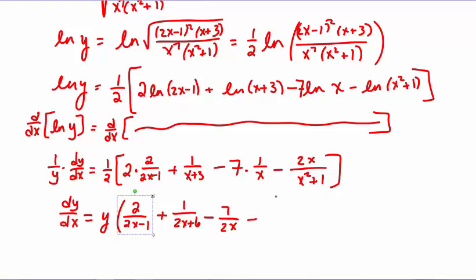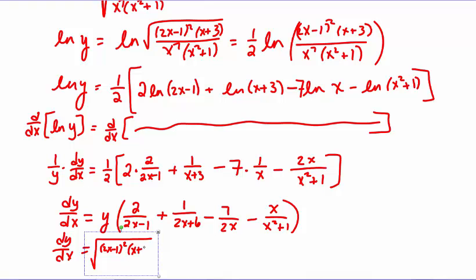Distribute the 1/2 to this guy, I have x over x squared plus 1. And really, I don't like derivatives if they have a y in them when they didn't initially, so I have dy/dx equals y, which is the square root of (2x minus 1) squared, (x plus 3), over x to the 7th, (x squared plus 1), times all of this nonsense here.